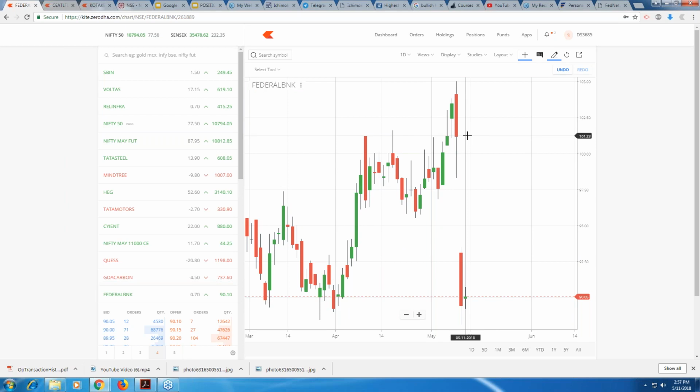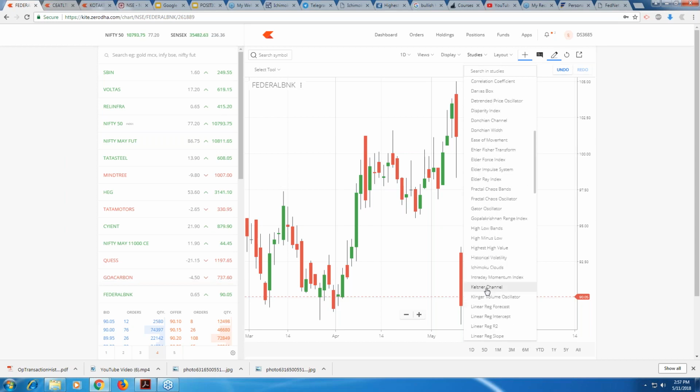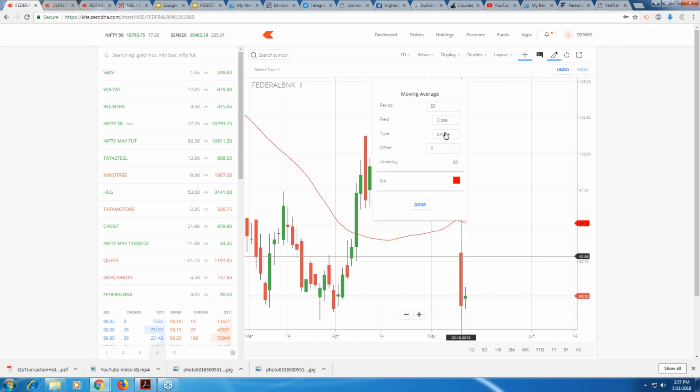So we will go to the studies and put moving averages, and we will use simple moving average. We will not use any exponential or anything. First it shows me 50, give it a red color, and done.